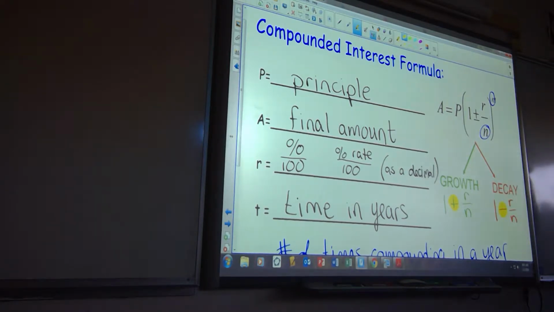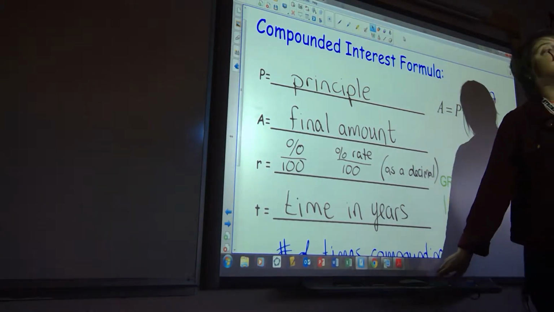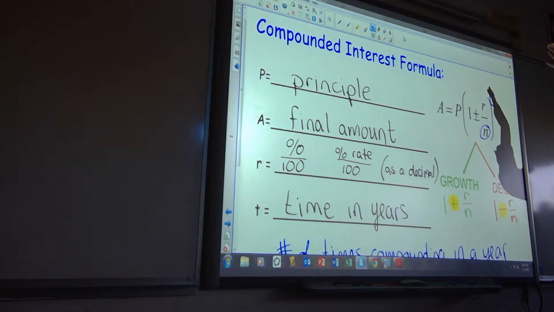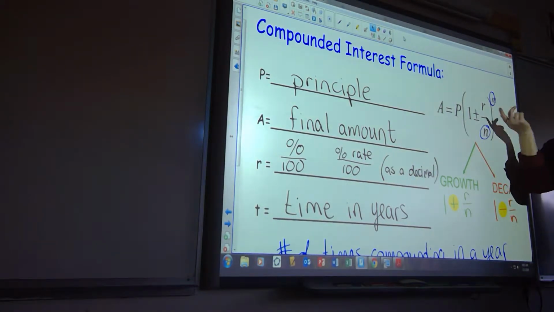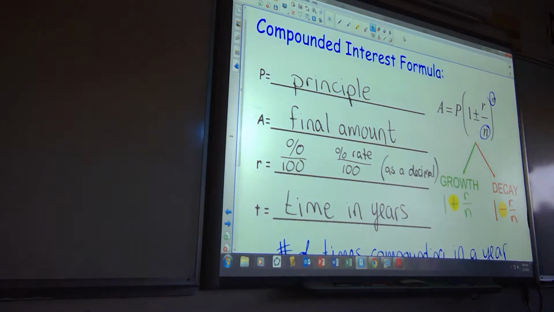Correct. So if it says once a year, you can use the more simple equation. You could use this one. Once a year would just have a 1 here and a 1 here, which then turns it into the simple equation. So if it says annually, once a year, it's a more basic situation.